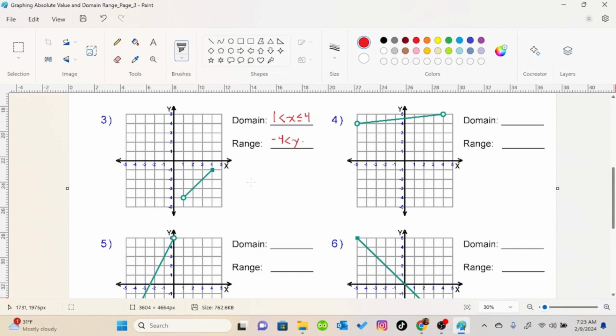And then the largest y value is -1. That's a solid point, so it is included. We could say less than or equal to -1. So my domain refers to my x values. My range refers to my y values.